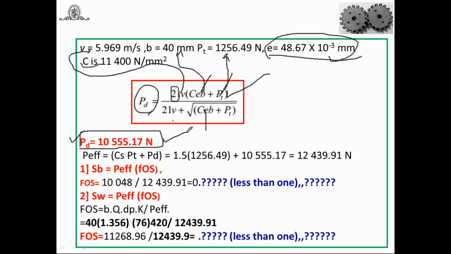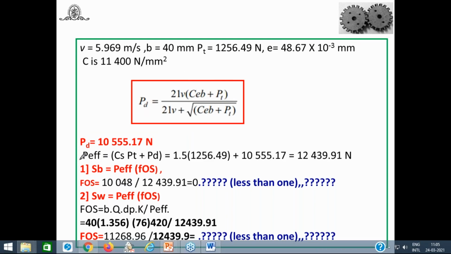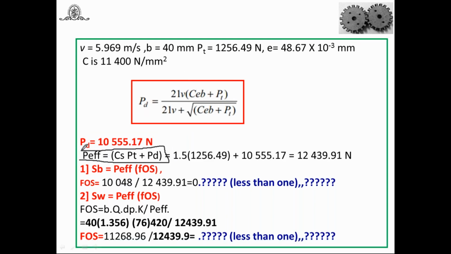And once you have this value, as discussed earlier, for the second criteria, the precise calculation, P effective is equal to CS into PT plus PD. CS means service factor, PT you have already calculated, plus PD means this value coming from Buckingham's equation. You can substitute, you will get P effective here. It's about 12,000. Now let us check whether SB is greater or whether SW is greater.